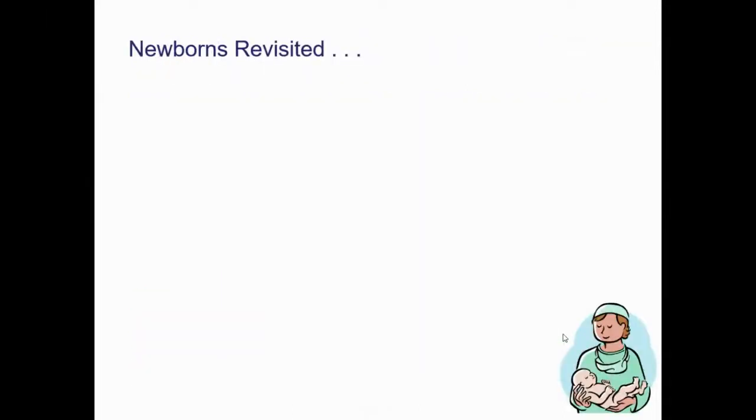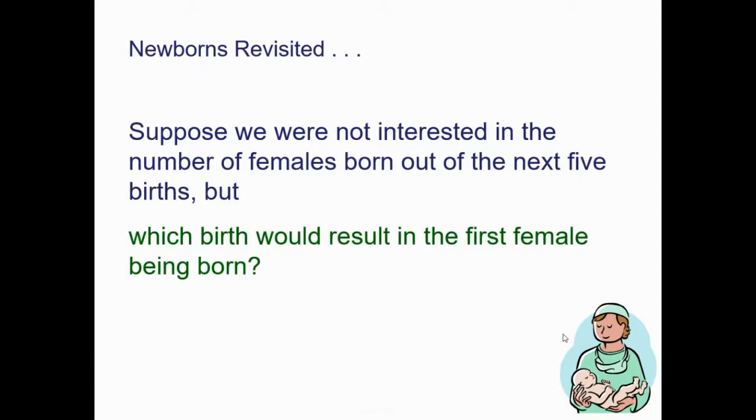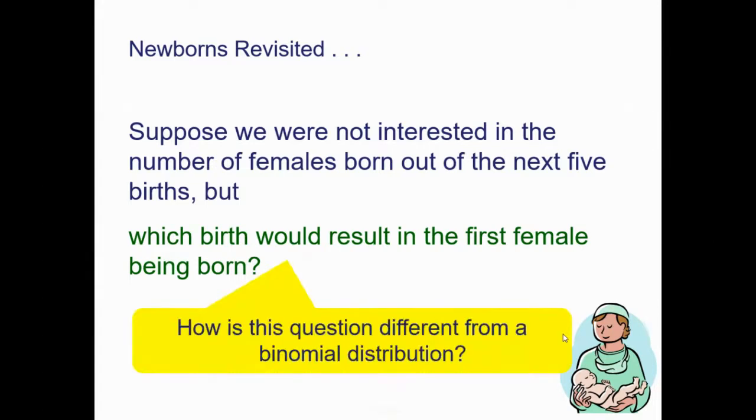Okay, so keeping up with the newborns example, let's entertain a thought right quick. Let's say that we're not interested in the number of females born out of the next 5, but we want to know which birth would result in the first female being born. Which birth would be the first female born? How is this question different from a binomial?